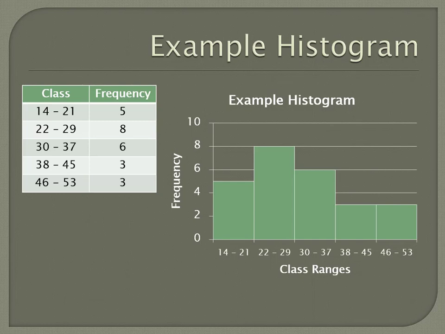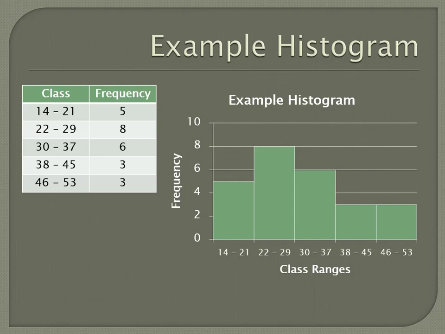There are labels on both your axes, and you have a title as well. The labels on your axes can be very simple. You can just say whether you're using midpoints, class boundaries, or class ranges. However, if there is some sort of context to the problem, maybe you include that these are ages of students or something like that. But generally, you can put that in the title, and that would be fine.